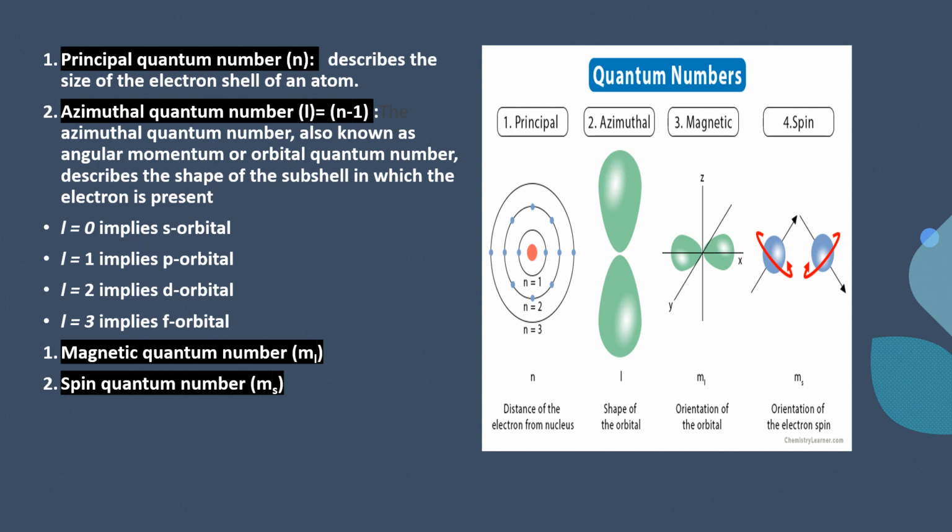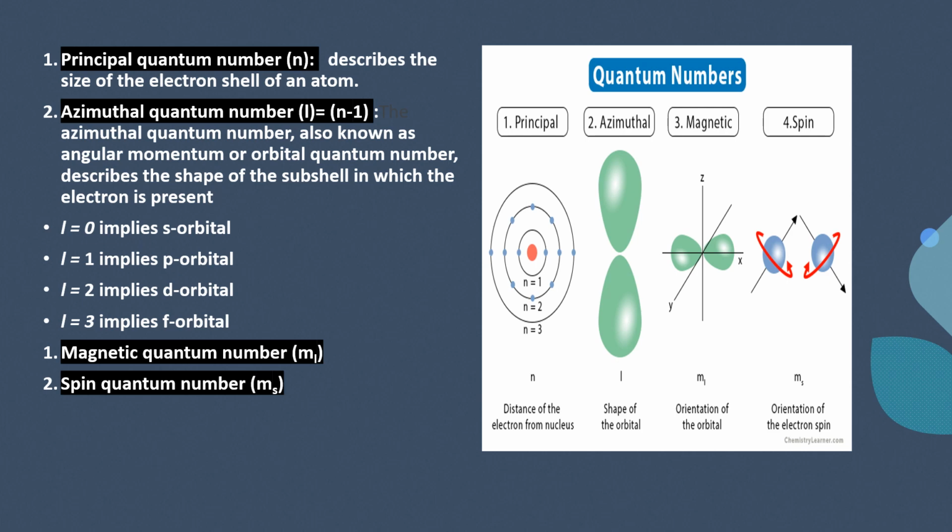This is quite easy. Whenever you get the l value, you just write the range, that is minus l to l. If l equals 1, that means ml will be minus 1 to 1. And for the spin quantum number, there are only two spins possible: the electron moves either with clockwise spin or anti-clockwise spin.